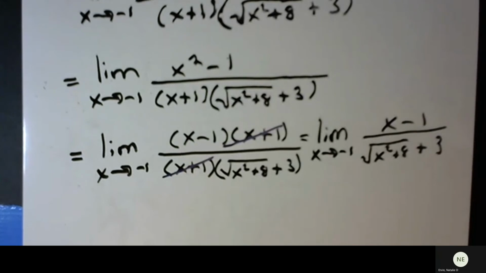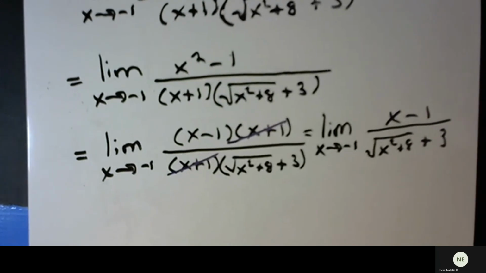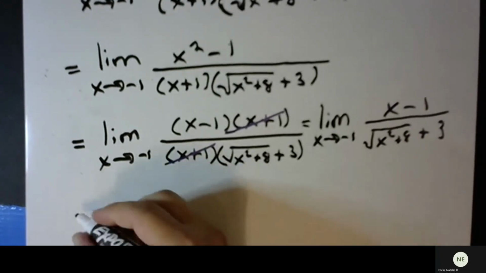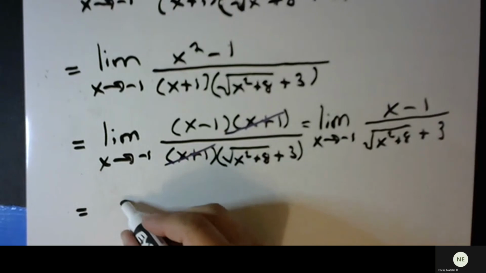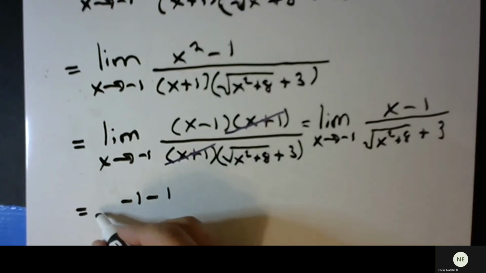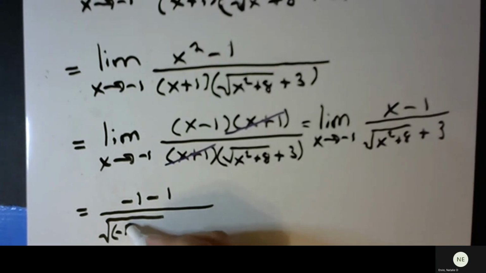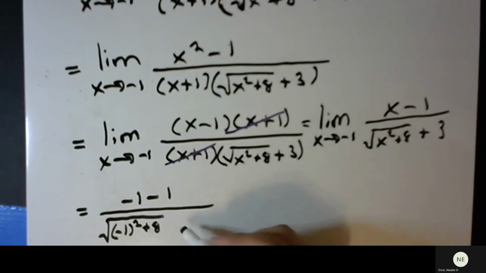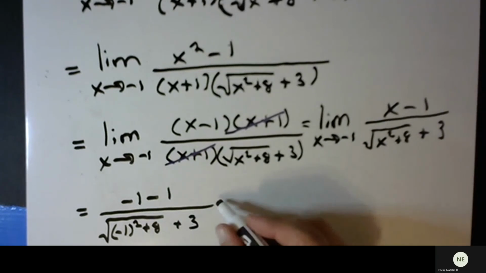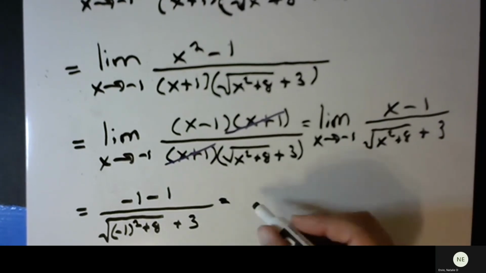And now we're not going to have that division by 0. So we substitute our -1.